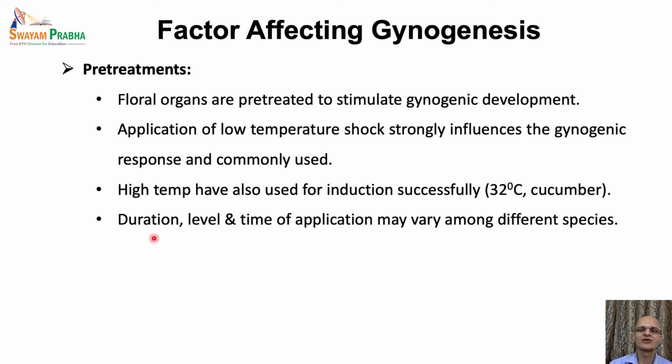Further, the duration of the treatment application, like how long we need to give the treatment, the level of the pretreatment, or the time of application, that is at what stage of the development it should be applied, all vary considerably among different plant species.